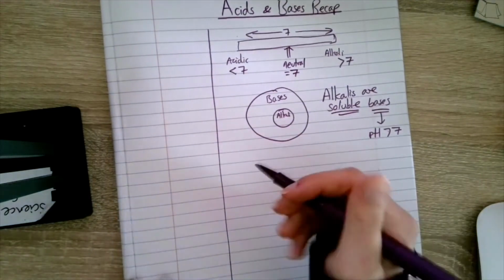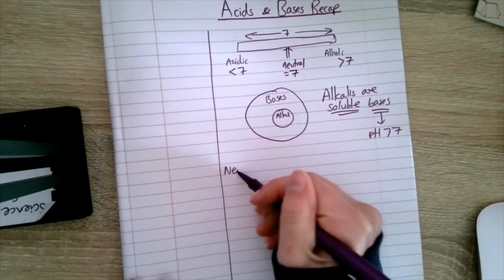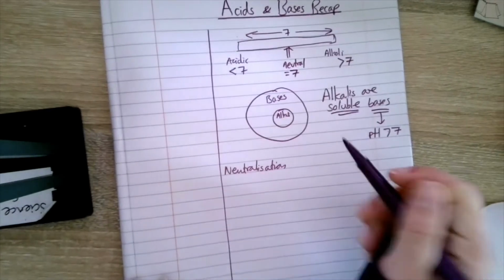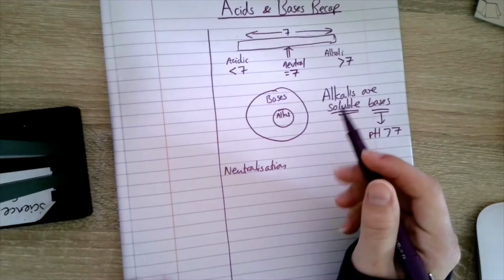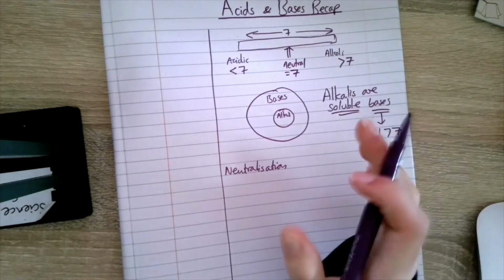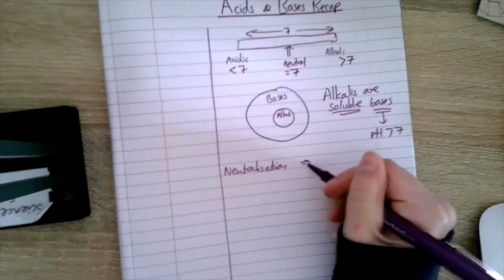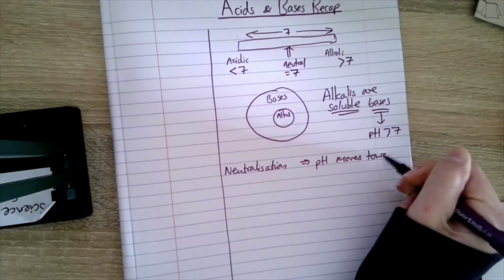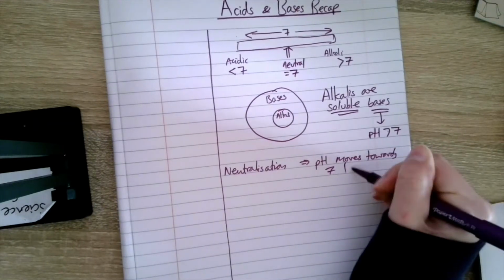We can also talk about our neutralization reactions, in which either acid and alkali or acid and base are reacted together, and our pH moves towards 7, i.e. towards neutral.